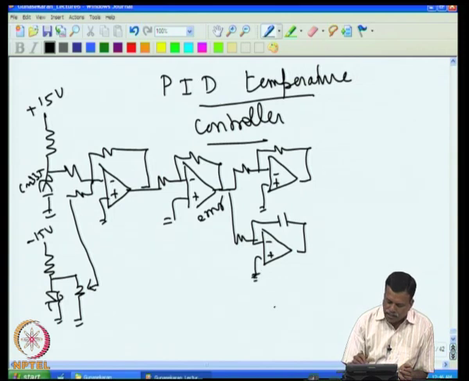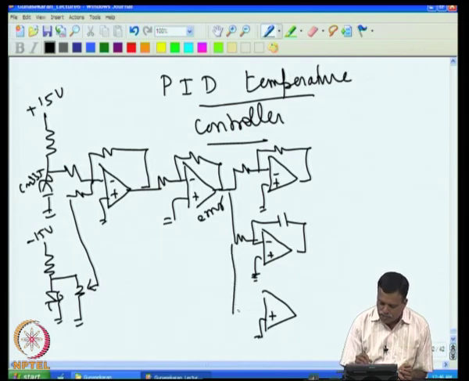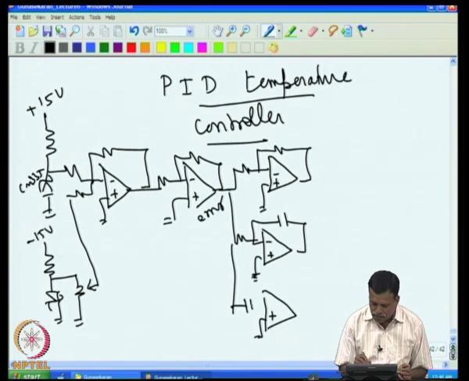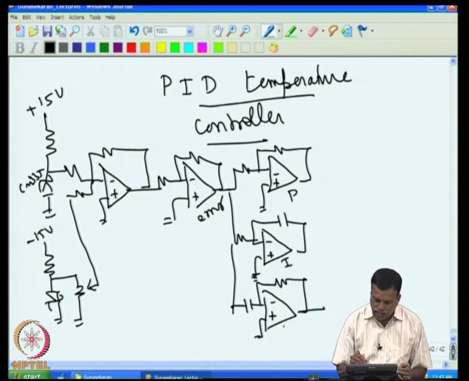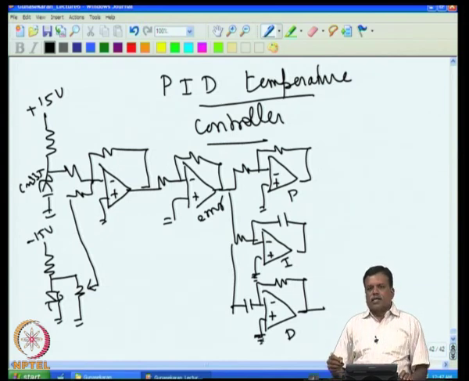Now, I add a differentiator here. What you do is we put the capacitor here, then the resistance here. So, you got a proportional stage here, the integral stage here, and the differentiator stage here. So, these three you have done.